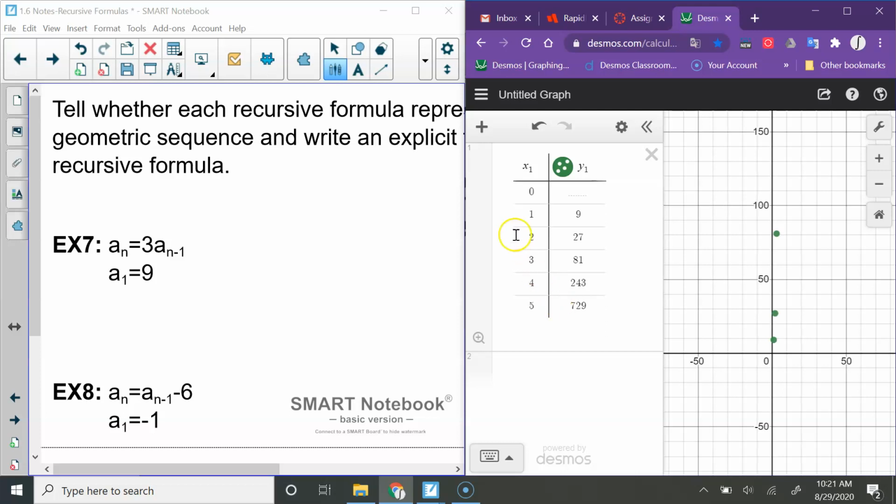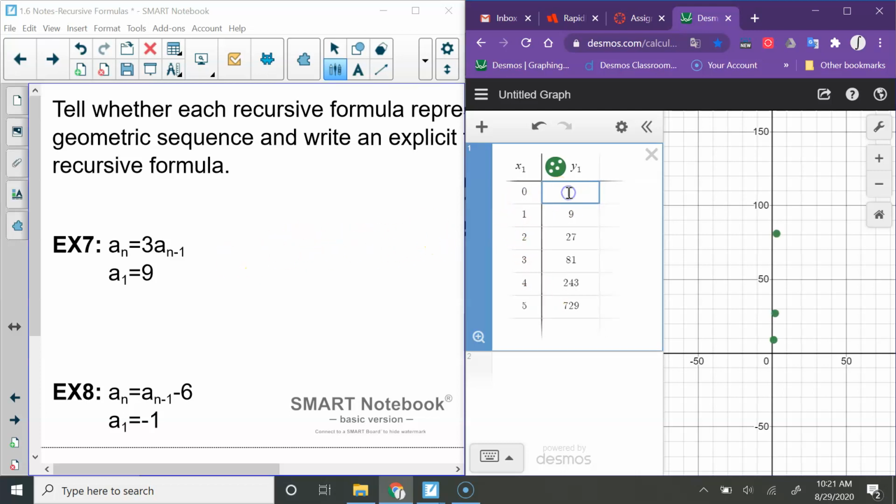So in order to be able to write this as an explicit formula, I really need to know what the a sub 0 is right here, because that is my initial value that I'm starting with. So I have to go backwards one step here. And so to go from 9 to 27, I multiplied by 3. To go backwards, I would need to divide by 3, and I would get 3 for that a sub 0 term.